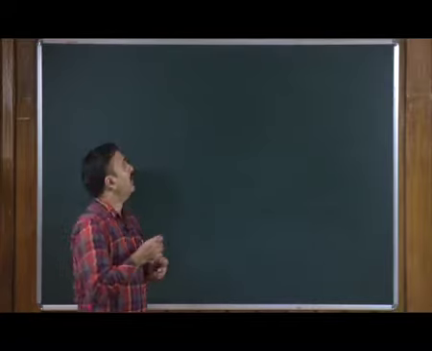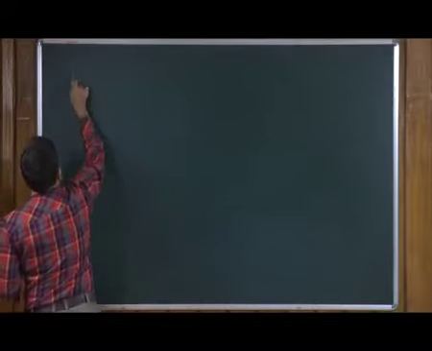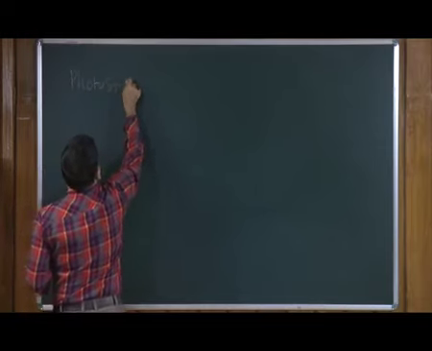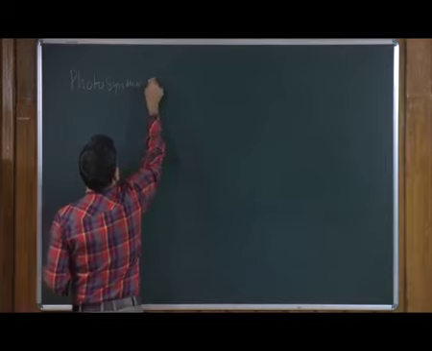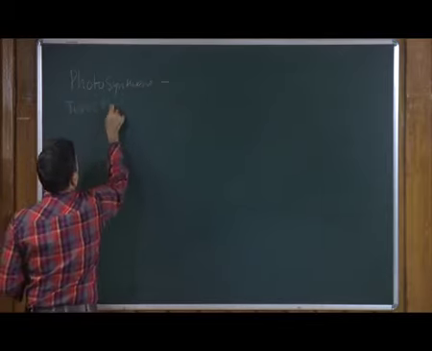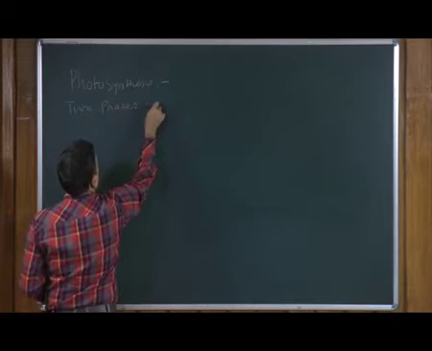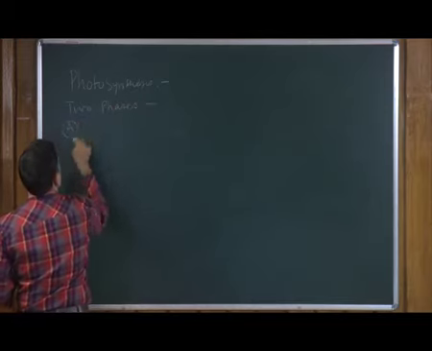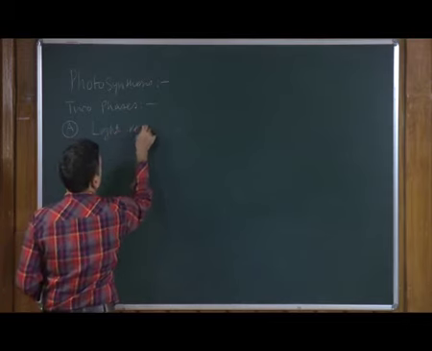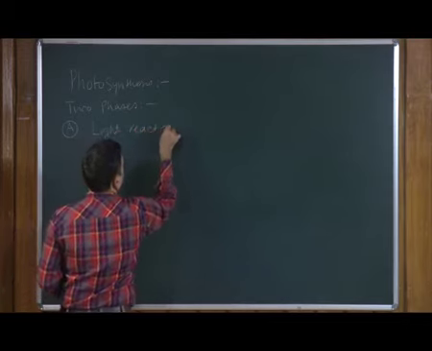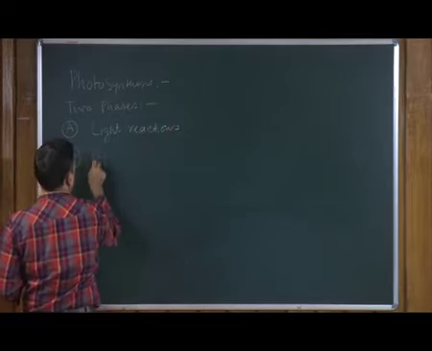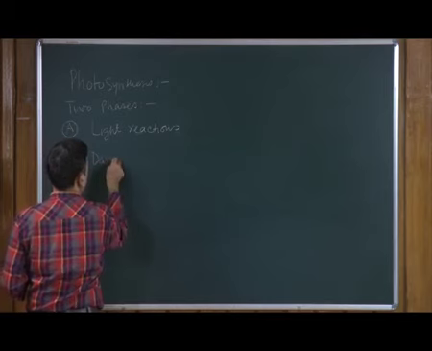So photosynthesis has two phases: A is called the light reactions, and B is called the dark reaction or the chemical reaction.